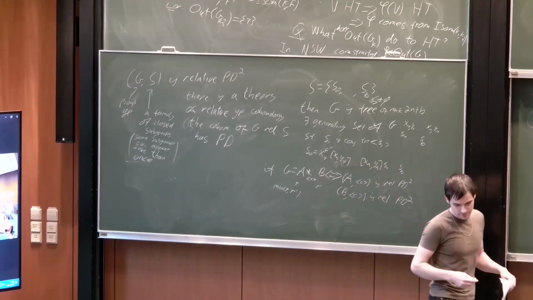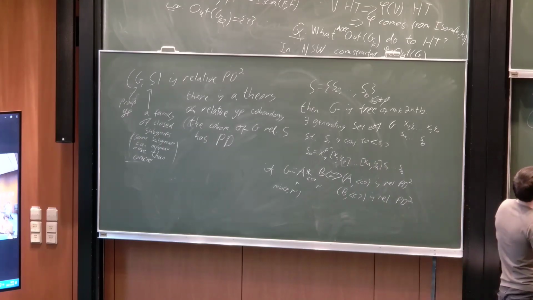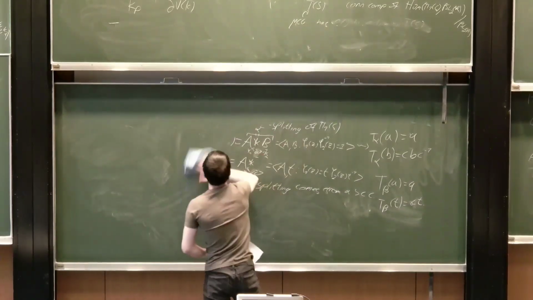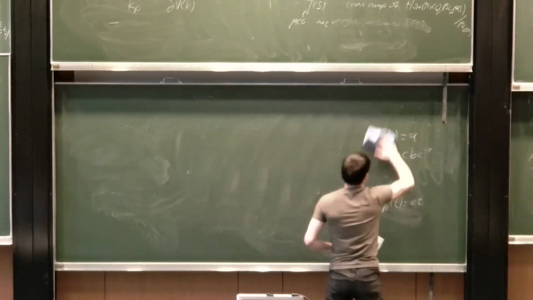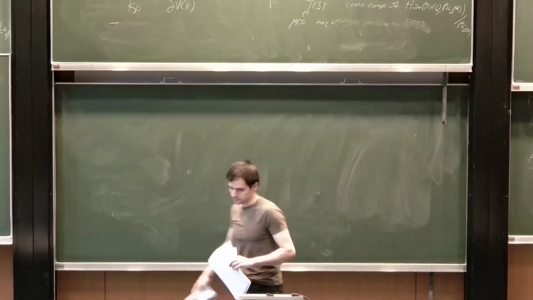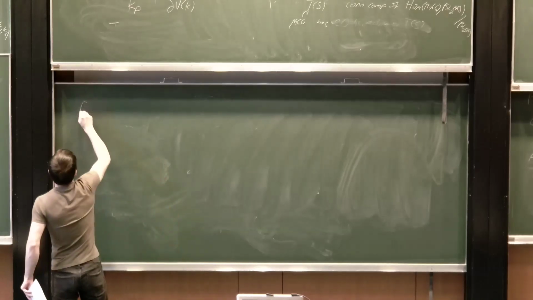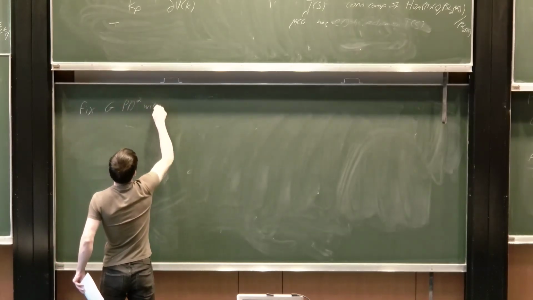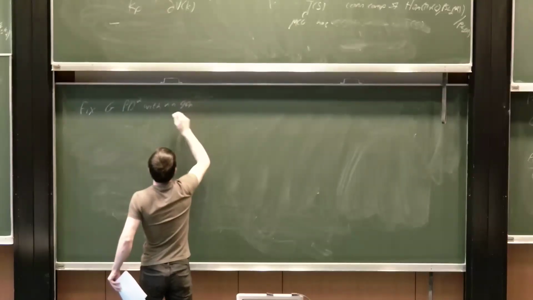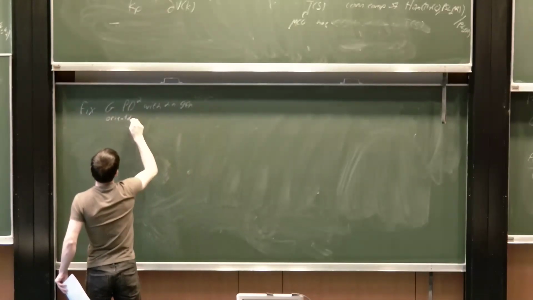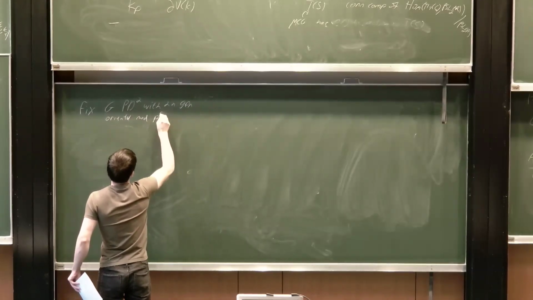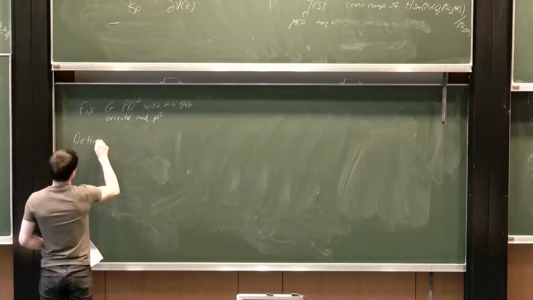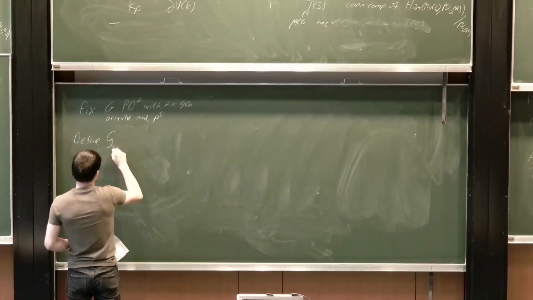So the method is, first of all, to look at a fixed p and PD_2 with 2n generators, oriented mod p^s, and then define the discrete groups G_r'.